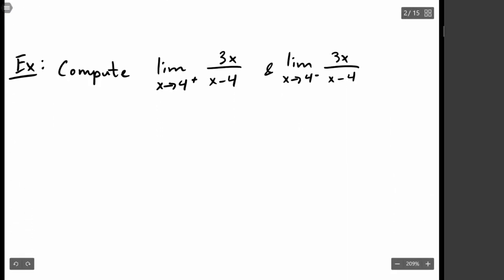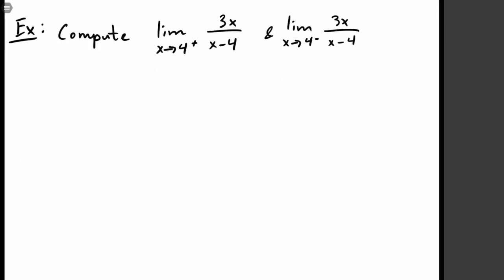So let's look at these two examples. This function is not defined at x equals 4, because of the denominator. If we plug in x equals 4, we get 12 over 0. So this isn't one of our 0 over 0 situations where we might be able to do some kind of simplification. Something else is going on here.